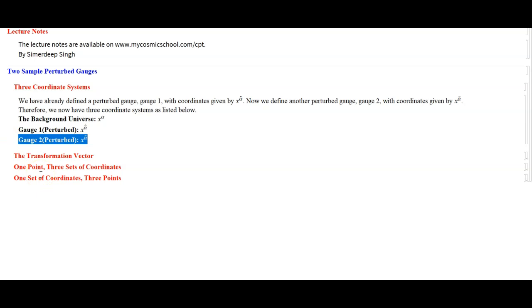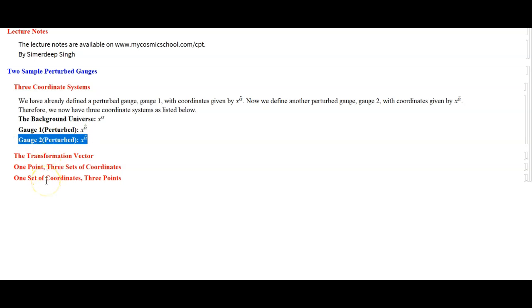As we discussed in one of our previous videos, that point has one set of coordinates in one coordinate system and a different set of coordinates in another coordinate system, because you are changing the coordinate system. So if I take one fixed point, it will have one set of coordinates in the background, another set in gauge 1 and another set in gauge 2.